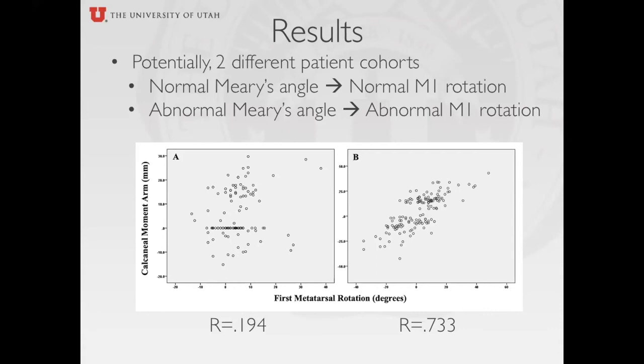And there's also a cohort that had a significantly abnormal Meary's angle that also had an abnormal first metatarsal rotation. So once we broke it down, we realized that the group with an abnormal Meary's angle clearly had that link between the hindfoot and the forefoot rotation that another cohort of patients with hindfoot valgus did not have.